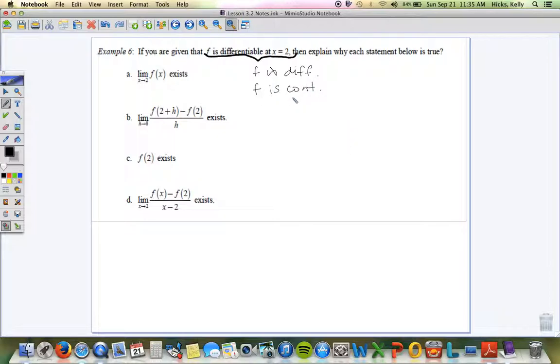Well, if a function is continuous, then we know that the limit of f at x equals 2 exists. And in order for the function to be continuous at x equals 2, two things have to happen, right? The limit has to exist and f at 2 must exist.